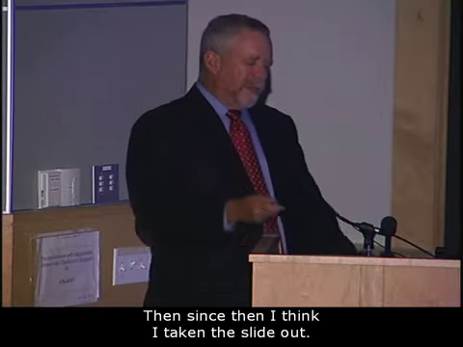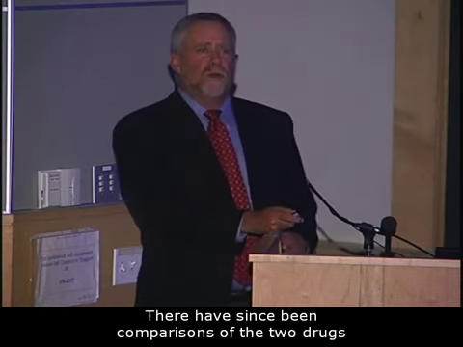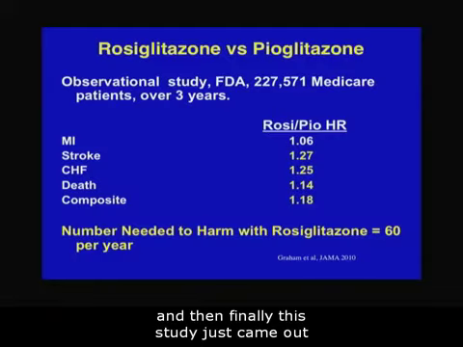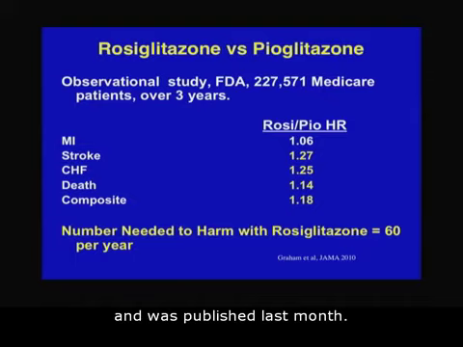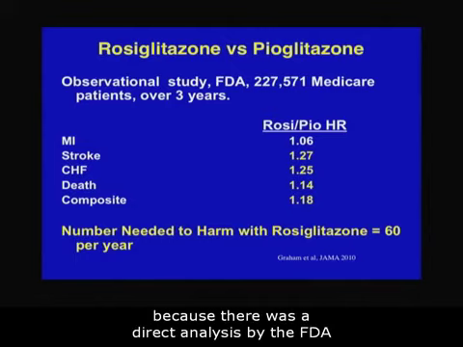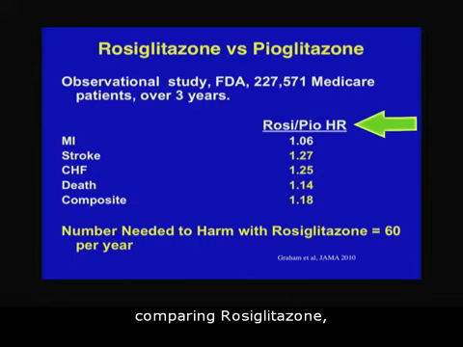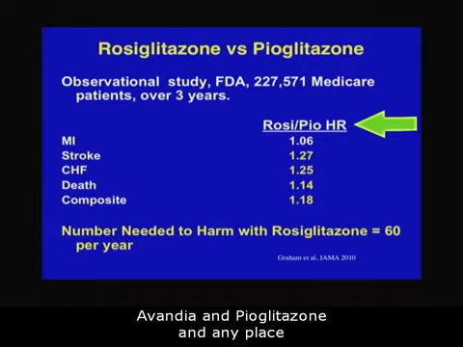And then, since then, I think I've taken the slide out, but there have since been some comparisons of the two drugs. And then finally, this study just came out, it was published last month, June 28th, and it's sort of what rekindled a lot of this conversation, because there was a direct analysis by the FDA of Medicare patients, so these are real people, comparing rosiglitazone, Avandia, with pioglitazone.